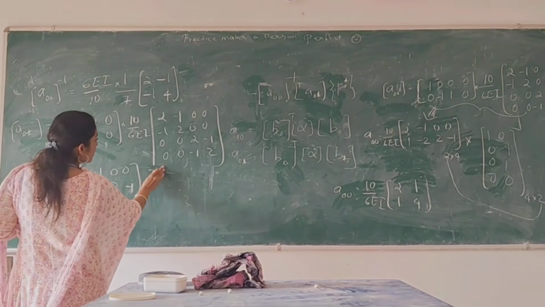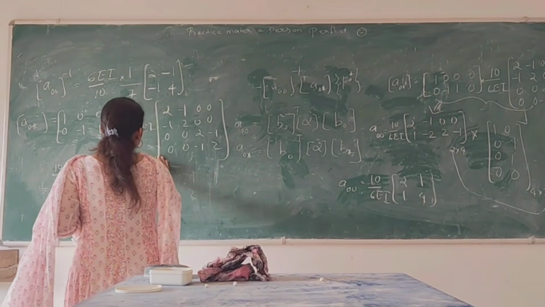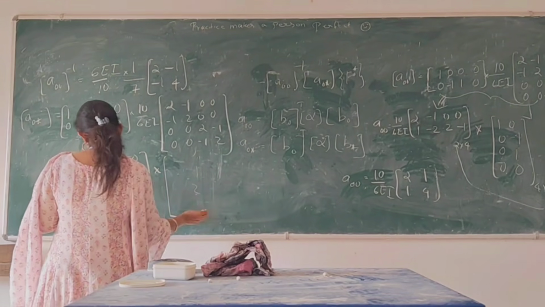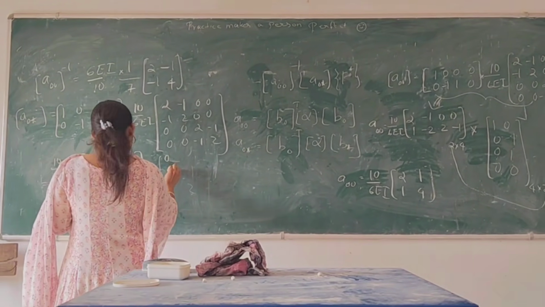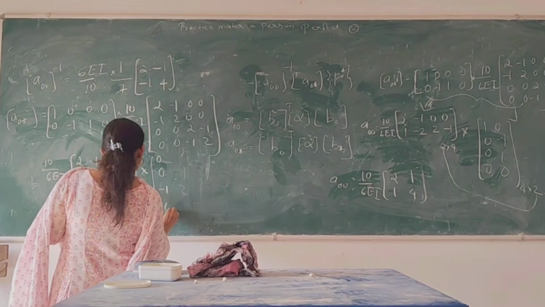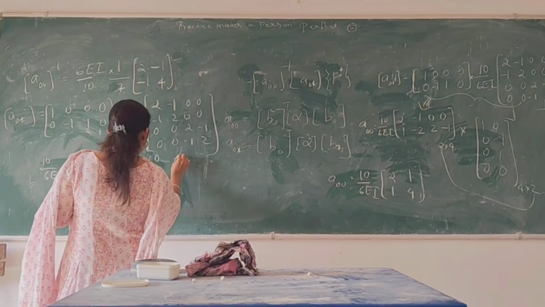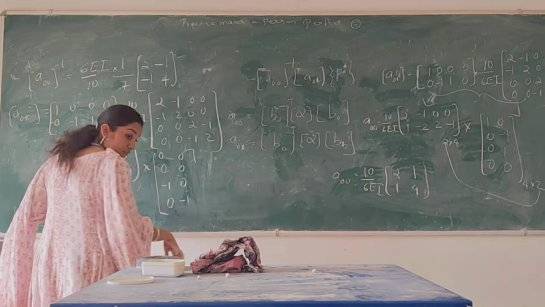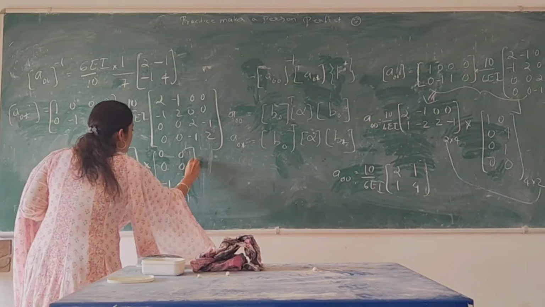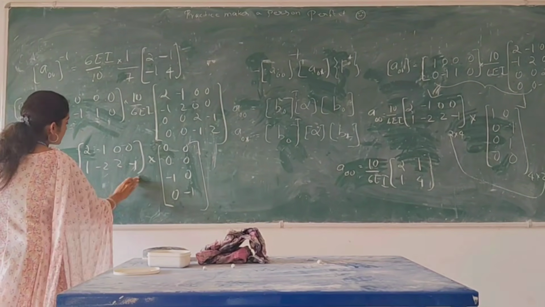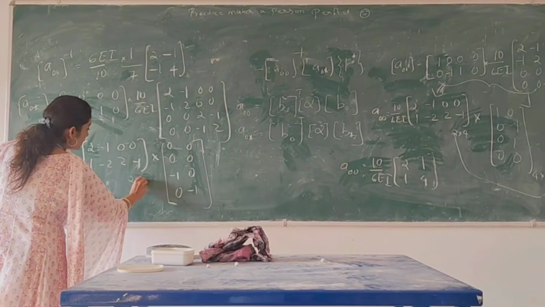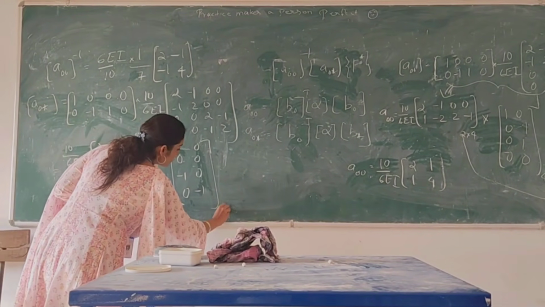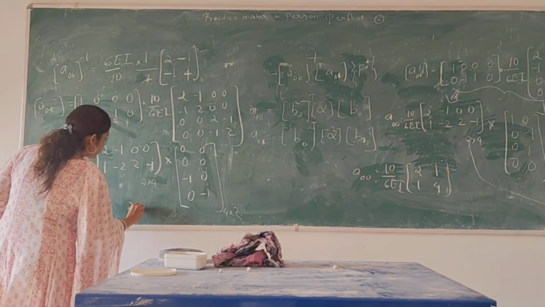Okay, into what we have to do? B star matrix. So remember the B star matrix? B star matrix was 0 0 minus 1 0 and this was 0 0 0 minus 1. So you have to multiply these two matrices. This is going to be 2 rows and 4 columns, this is going to be 4 rows and 2 columns, and you're going to end up with a 2 by 2 matrix.